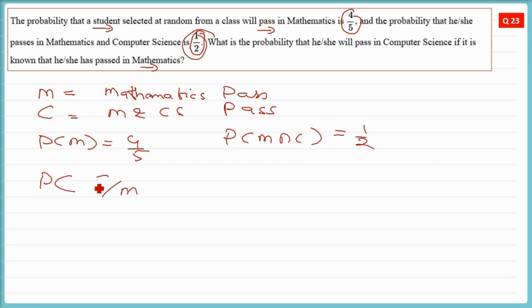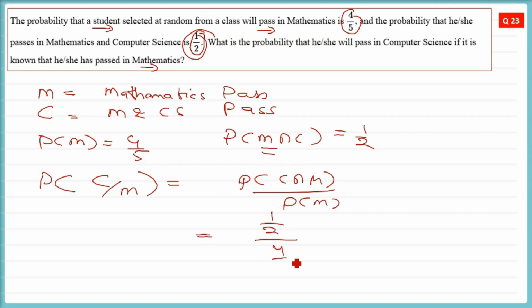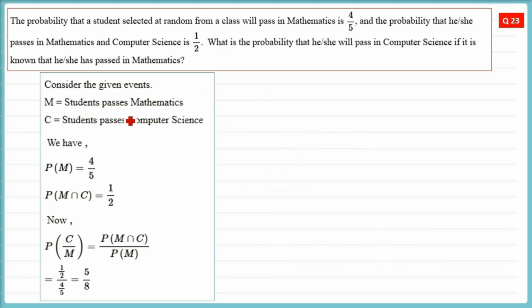So the probability of mathematics is known. What is the conditional probability formula? It is P of C intersection M divided by P of M. C intersection M is half, divided by 4 by 5. Let me just check. C is only the computer science, okay? So I'm changing my statement now. So the final answer is 5 by 8. M is mathematics and C is computer science.